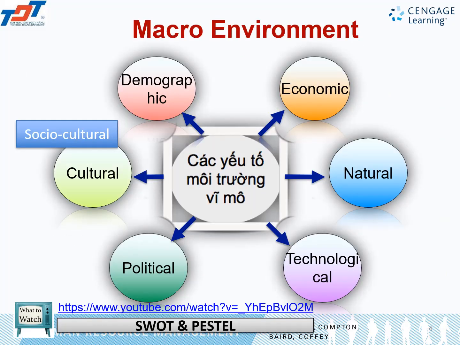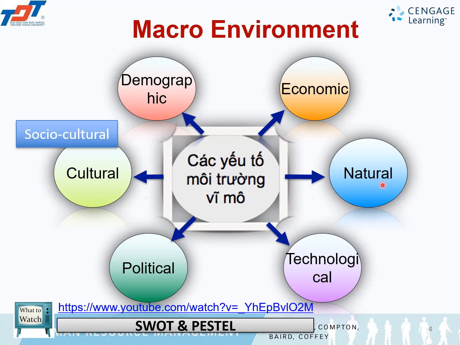Now, this slide gives you a brief overview of what these 6 categories are. So starting with economic factors, so these are all the factors related to the economy, for instance, gross domestic product, annual income, inflation, and so forth.